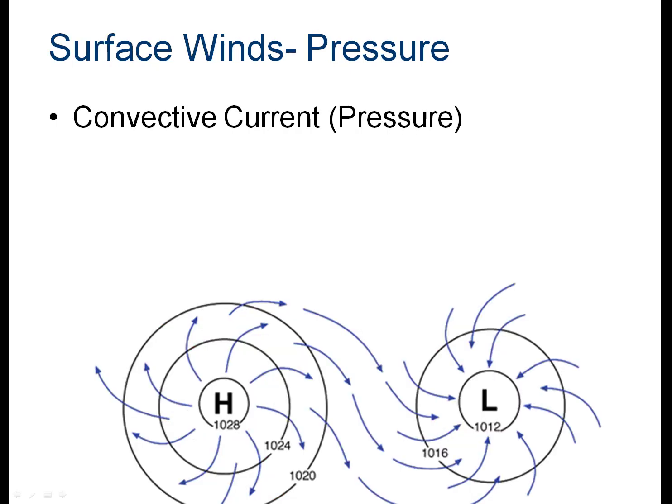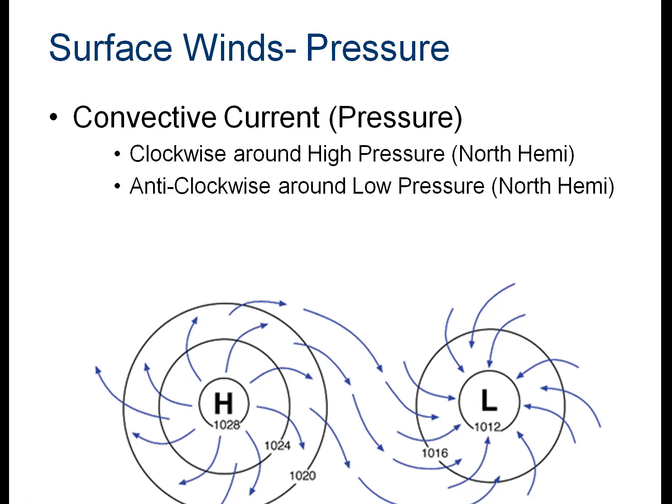Now the convective winds are created from the outflow from a high to a low. And in the northern hemisphere, they typically flow clockwise around a high pressure, and anti-clockwise, or counterclockwise, around a low pressure.